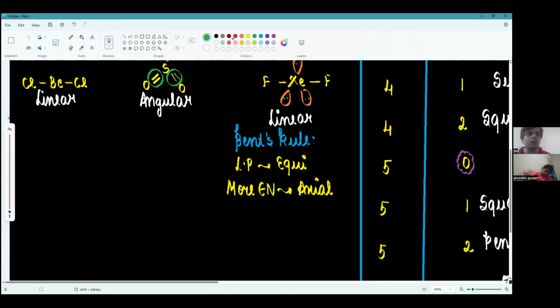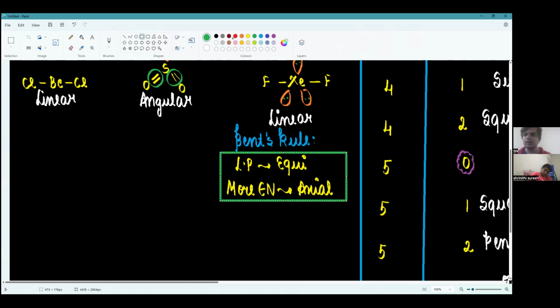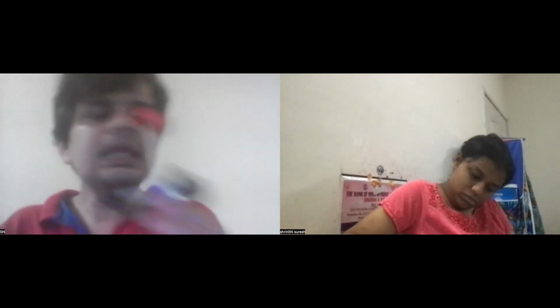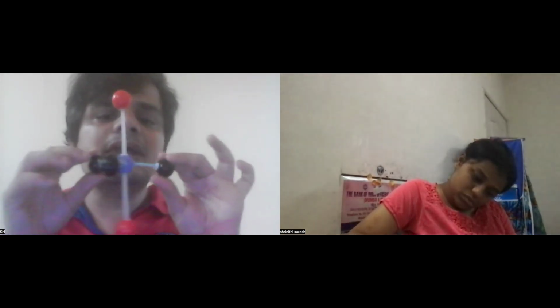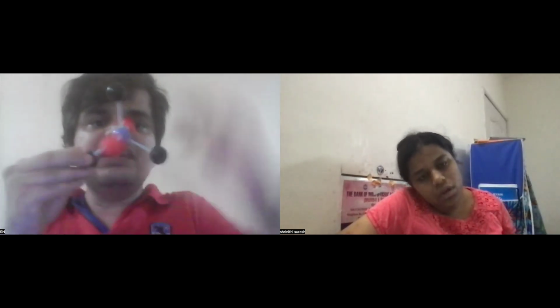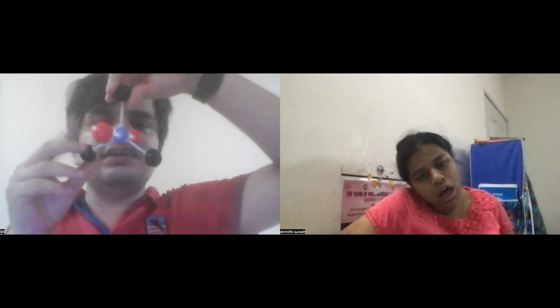In order to have minimum repulsion and maximum stability. Because if the lone pairs of electrons are on axial position, I will explain in short. Right now, what is the angle between the lone pairs over here? Can you see this? If I just turn this, what is the angle between this lone pair and this lone pair?